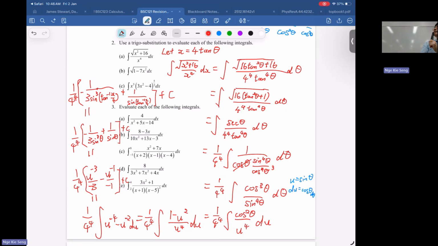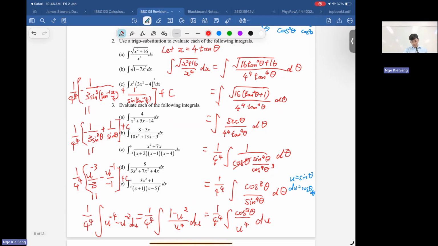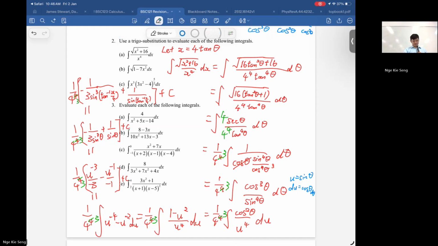Oh, I think you are right. There's a 4. So we reduce by one power here. So here we can just 3. Is this what you mean? Yeah. Okay. Yes. So there's a 4. Correct.